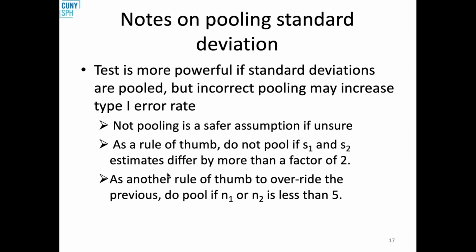So you have to make that assumption. If you can make that assumption safely, then you can pool them. You get a more accurate determination, more likely to reject the null hypothesis. But if you can't, not pooling is the safer assumption if you're not sure. So we're going to look at how to do it both ways, but for most cases, we are not going to assume that you can pool them.